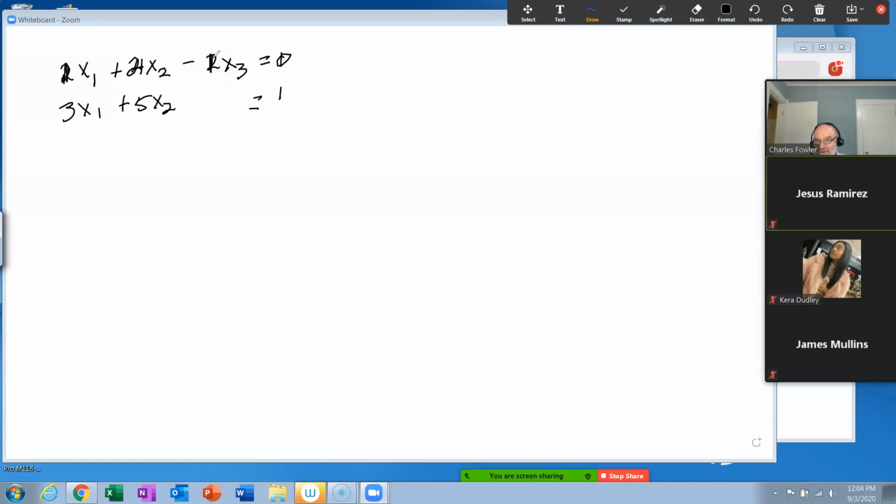I'm going to do it in that first row, because you can do that. Divide everything by 2, and that gives you your leading 1, so there's an advantage there too. And that gives you a 1, 2, minus 1, 0. Second equation, 3, 5, 0, 1.